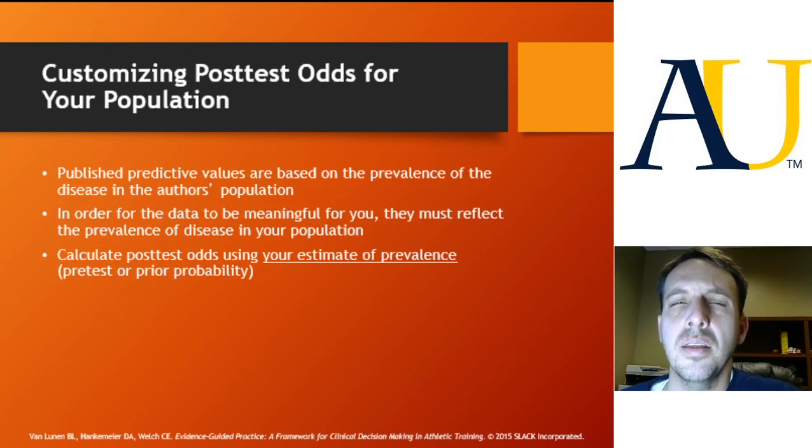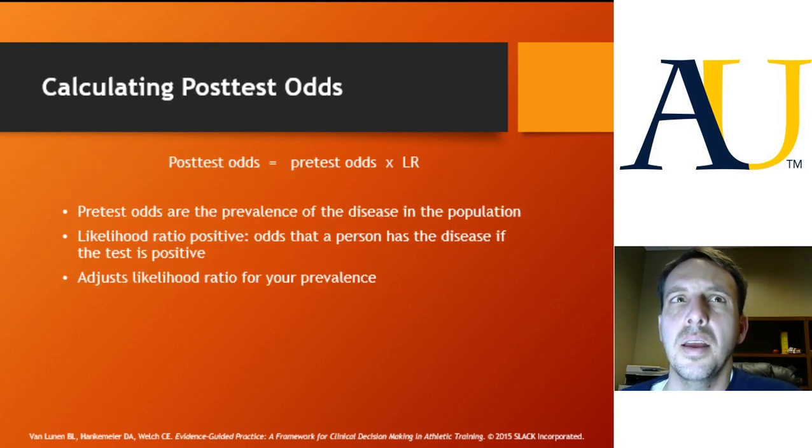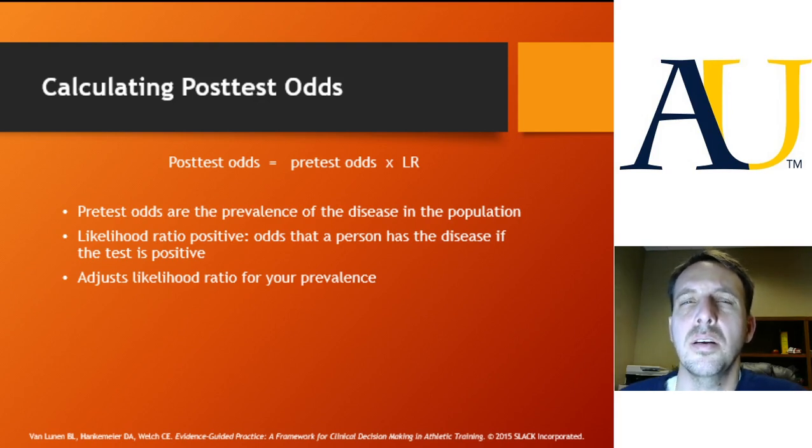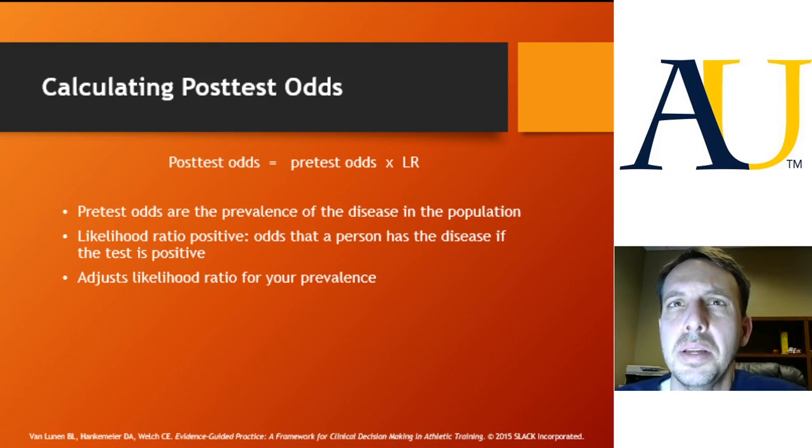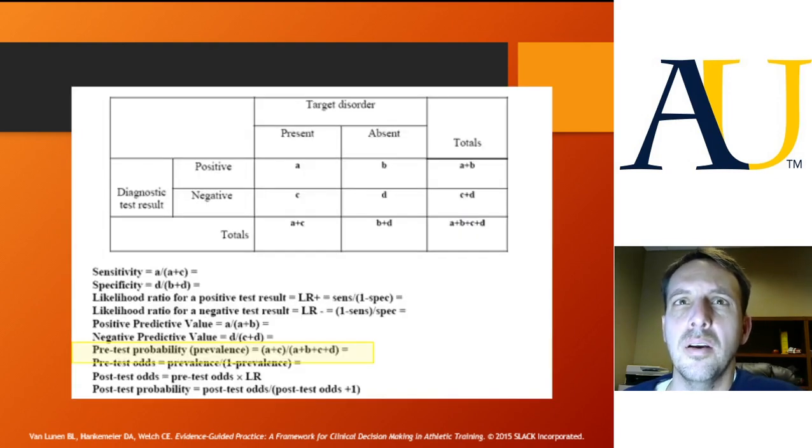We then calculate the post-test odds using the information that we gathered from the positive or negative tests. Our post-test odds are going to simply be the pretest odds multiplied by the likelihood ratio, either positive or negative, based on whether or not that test condition occurs. And so this is going to adjust for that overall prevalence.